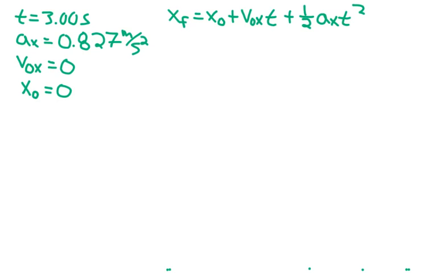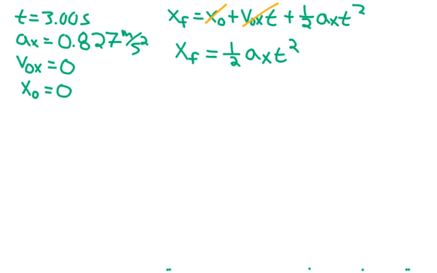So what does this mean? If I plug in v naught x equals 0, my second term goes away. If I plug in x naught equals 0, the x naught goes away. And then all that's left is this relatively simple formula to solve for the distance, which is 1/2 ax times t squared.